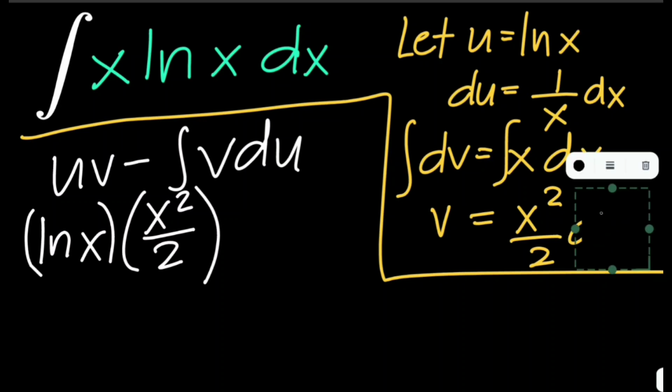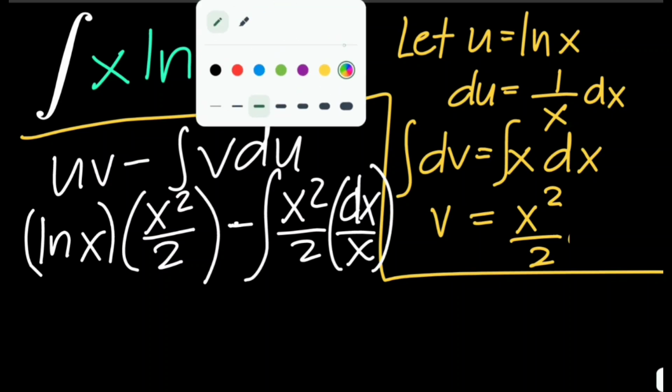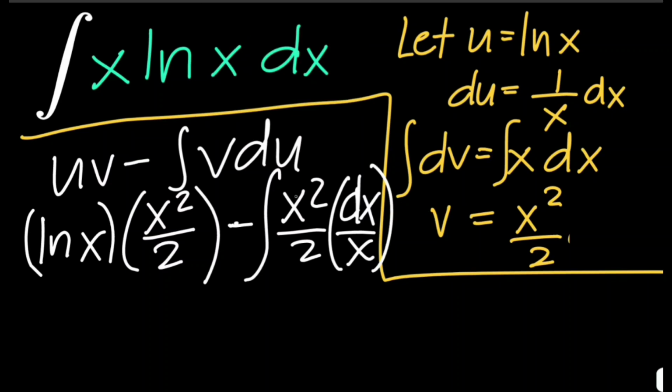You don't need to put dx here, because we've already integrated this. All right. Minus integral of v, which is x squared over 2. Du is 1 over x dx, or dx over x. Then this cancels out, x squared and x. We'll be left with x here, x to the 1.